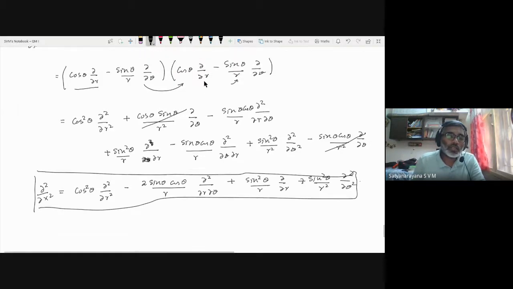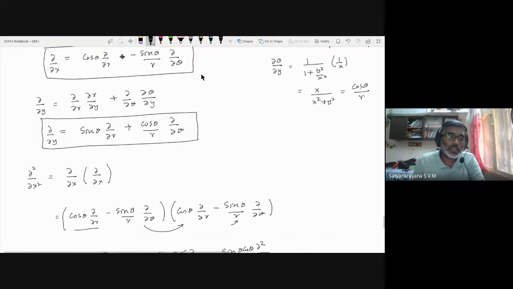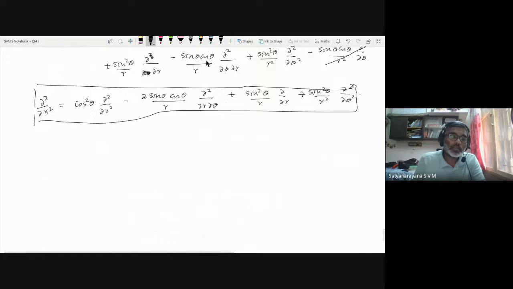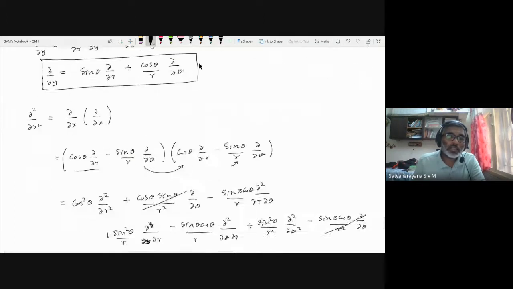Okay, so now let us look at the next thing, del square by del y square. So del square by del y square is equal to, so del y is sine theta cos theta by r.